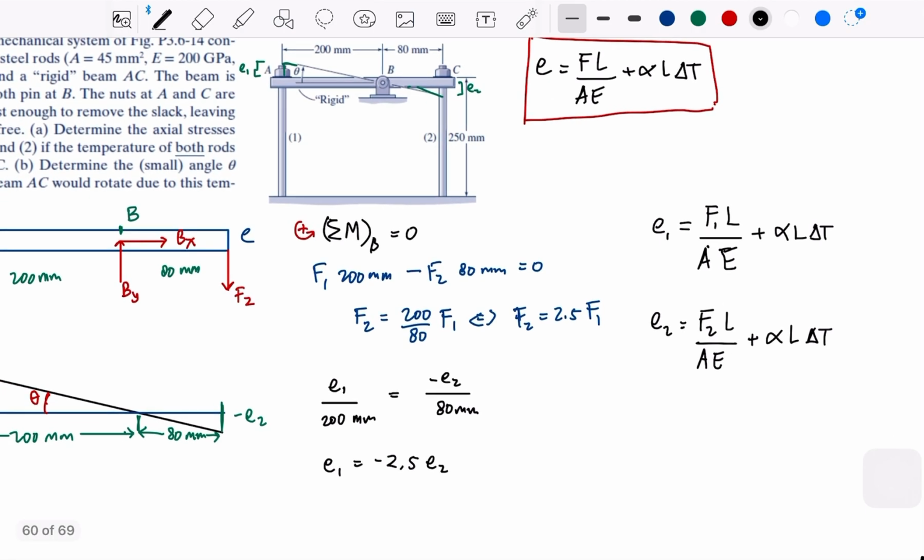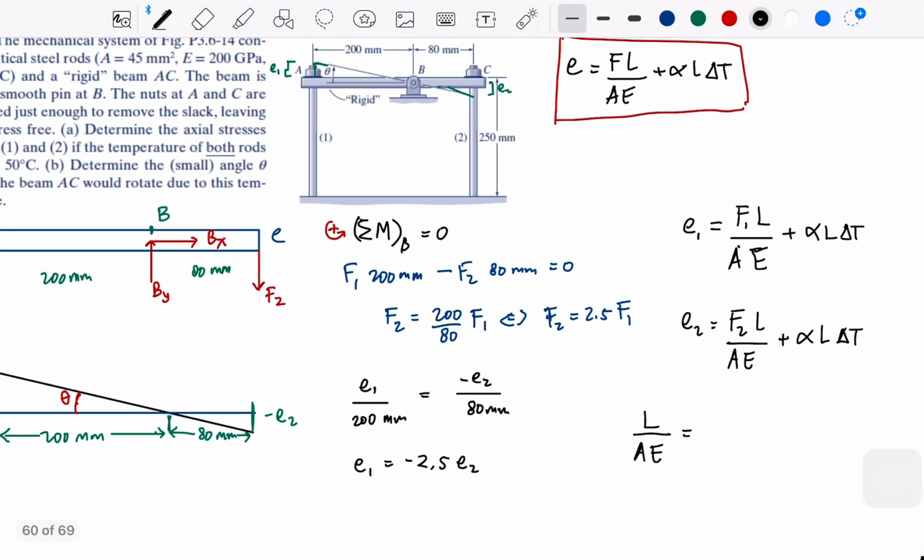To simplify, we can take maybe just L over A E. So 250 divided by 45, and divide by 200,000. So this will be 0.027 millimeter over kilonewton.